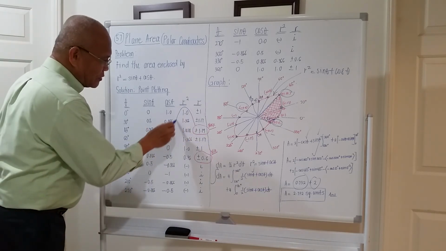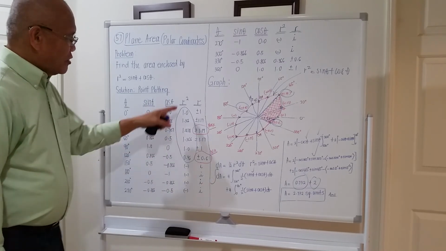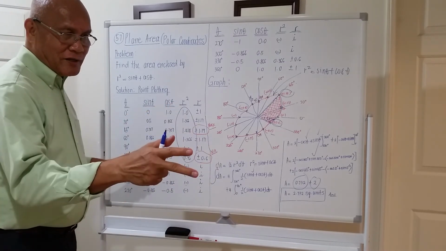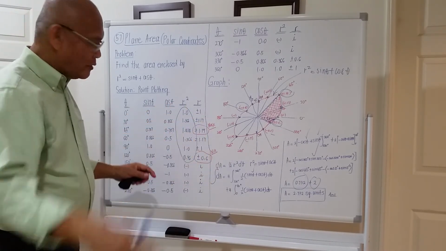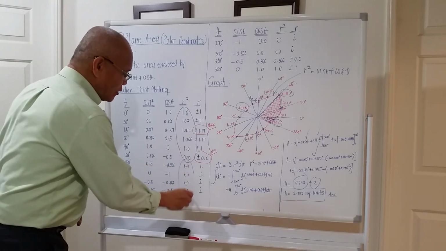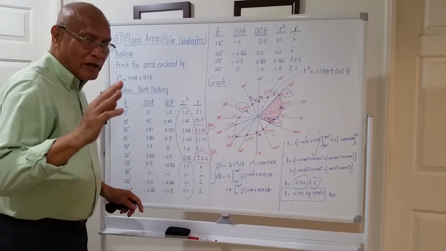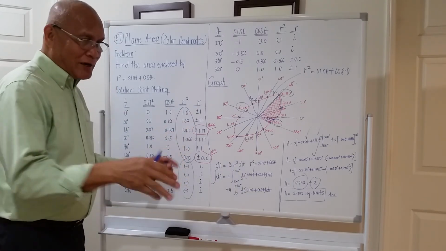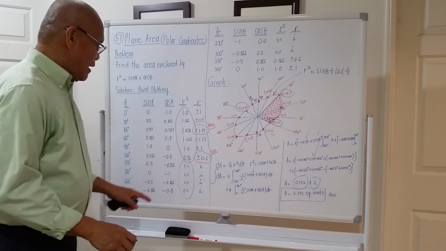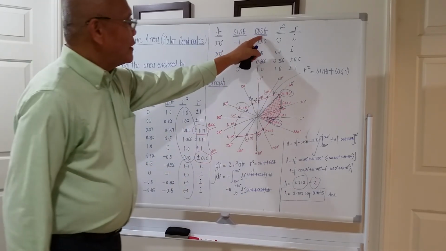And actually, for the r squared, just consider the positive real values. Because if the value of r squared is positive, the radius will be plus or minus. If the value of r squared is negative, there will not be a radius coming out from those angles. Okay? Actually, it is 6. 1, 2, 3, 4, 5, 6.